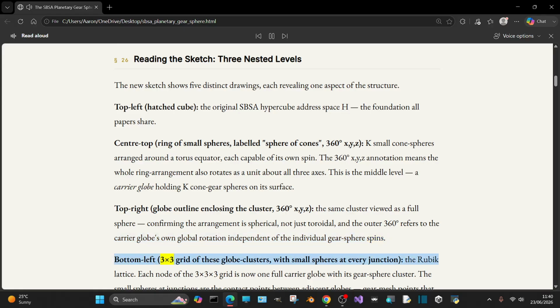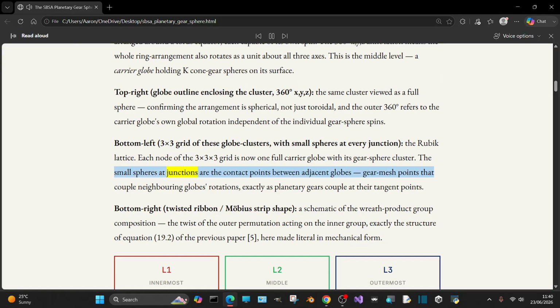Bottom left, 3x3 grid of these globe clusters, with small spheres at every junction: the Rubik lattice. Each node of the 3x3x3 grid is now one full carrier globe with its gear sphere cluster. The small spheres at junctions are the contact points between adjacent globes, gear mesh points that couple neighboring globes' rotations, exactly as planetary gears couple at their tangent points.